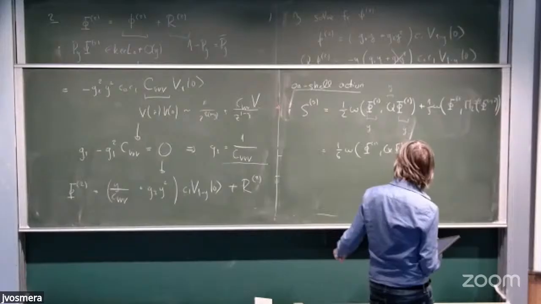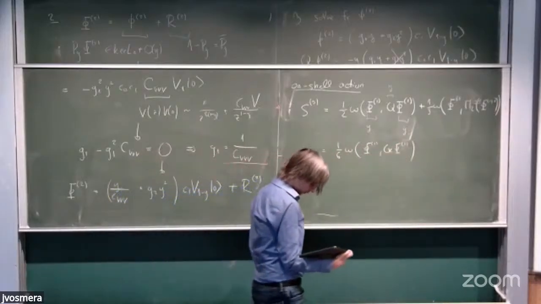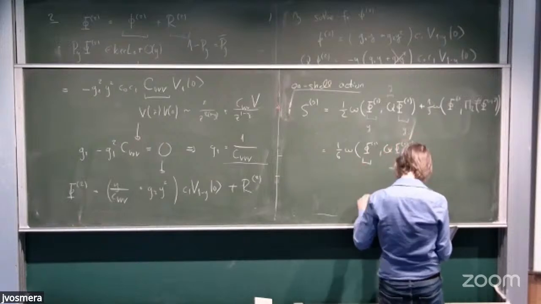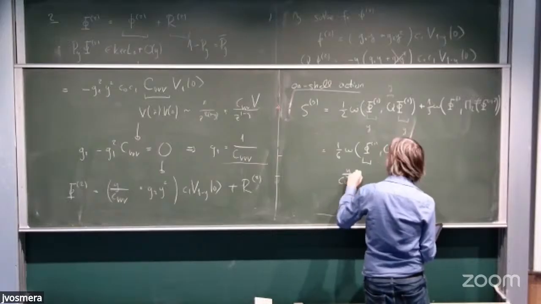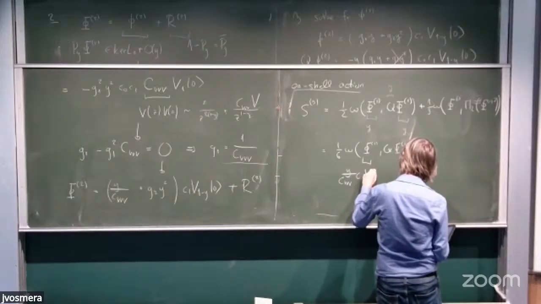And then we can substitute the solution to the leading order of accuracy. So first for this phi 1, we can substitute y over CVD, C1 V1 on the vacuum.